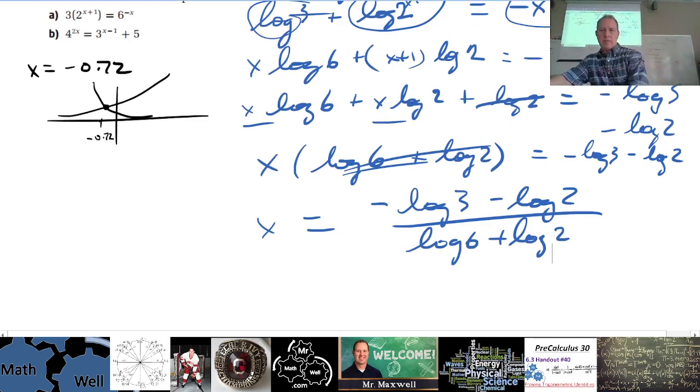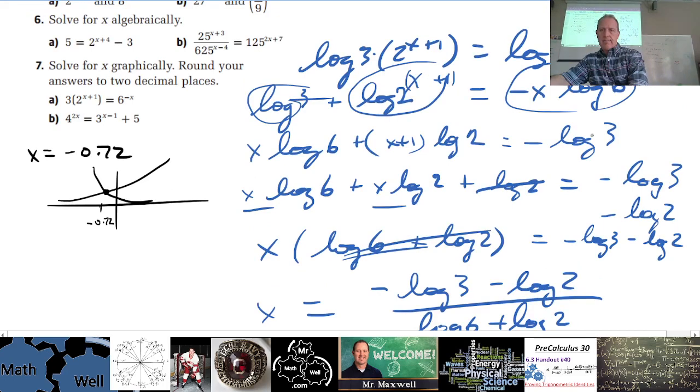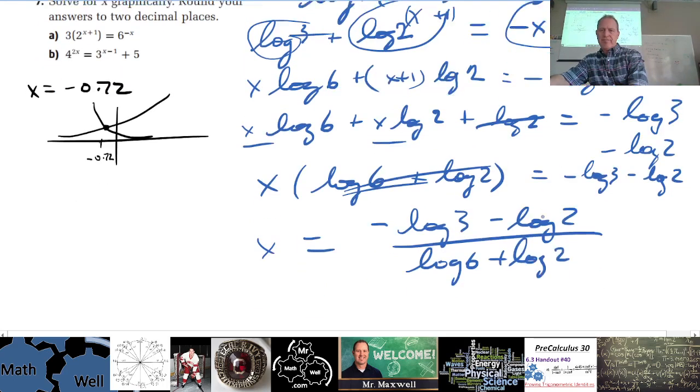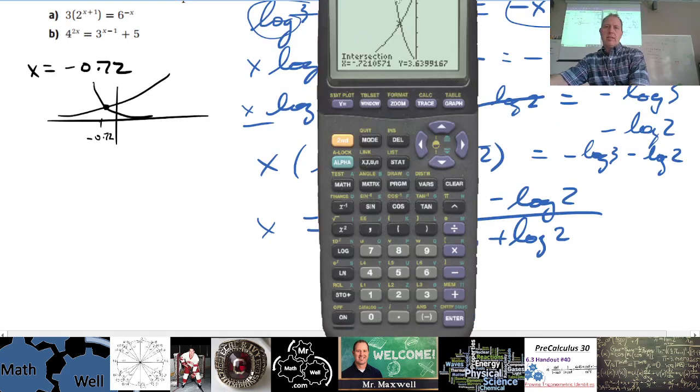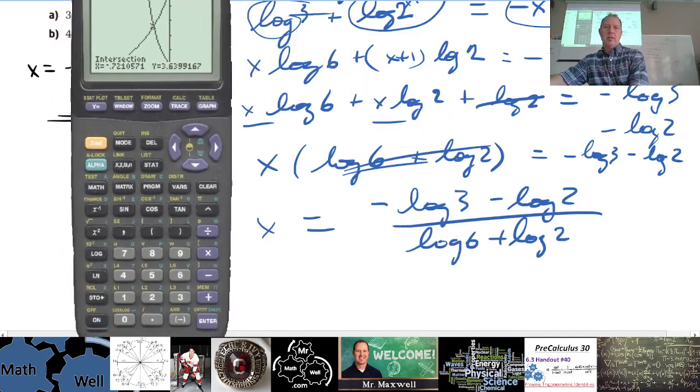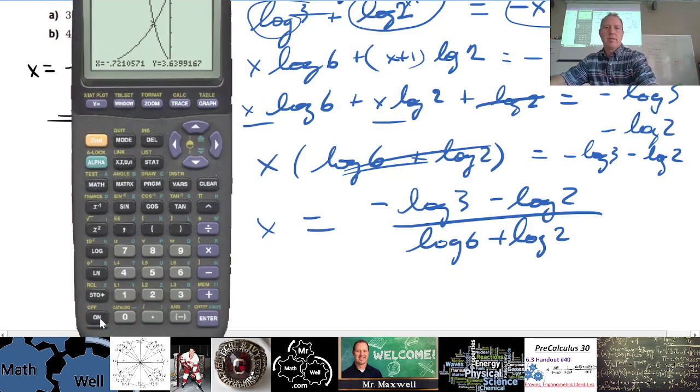So are there any other writing mistakes I made there? Does everything look okay? Okay, well let's see if we get negative 0.72. So when I evaluate this now, negative log of 3 minus log 2, divided by bracket log 6 plus log 2.